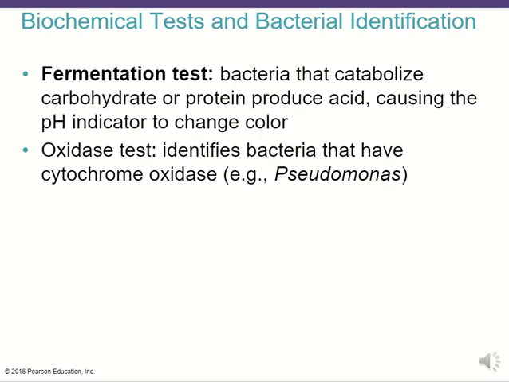Now, fermentation test is where bacteria that catabolize carbohydrate or proteins then produce acid, causing the pH of the solution to drop down to the point where an indicator will change color, indicating the presence of that bacteria.